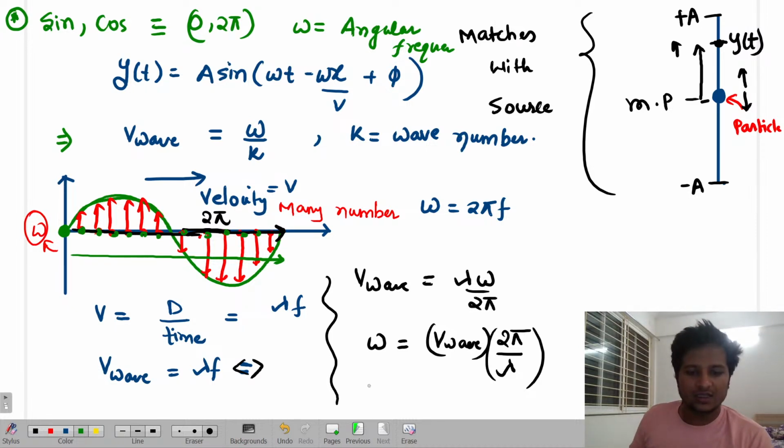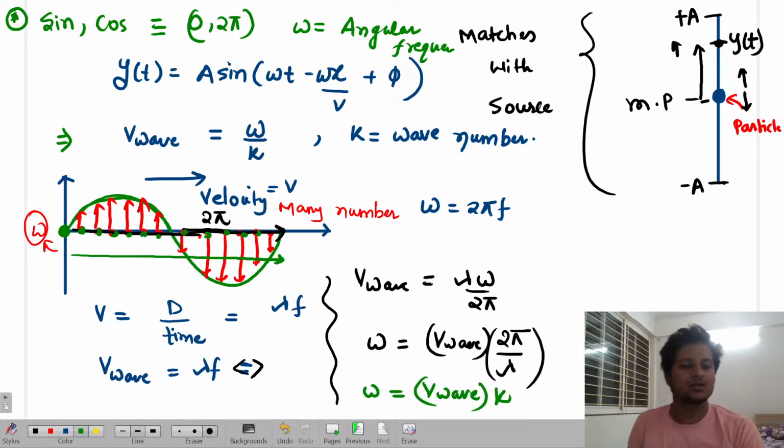So basically, that's what we define: omega as velocity of wave into wave number. The number of waves comprising the region between 0 to 2 pi, meaning how many waves are present over the length of the period of a sinusoidal or cosine graph.